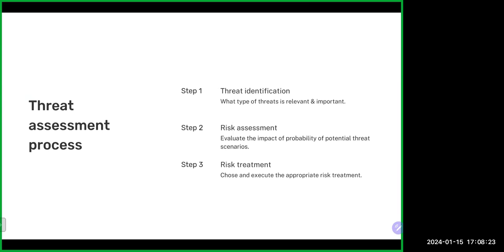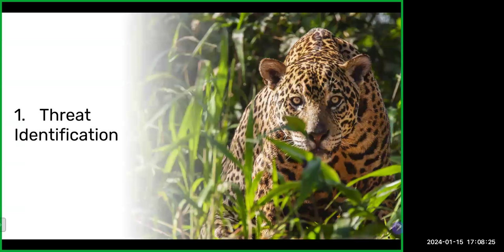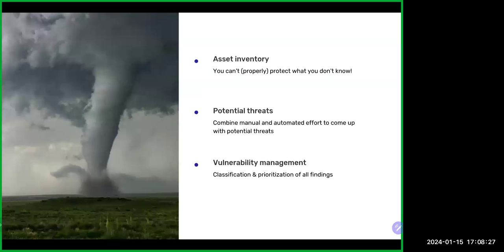Starting with threat identification, that also includes multiple areas. The first one I would say is the asset inventory. You cannot properly protect what you don't know. And this is an area where a lot of organizations still struggle. We have the right tools and the right skills, but at the end of the day we don't necessarily apply them to the whole scope or the whole applicable type of assets.